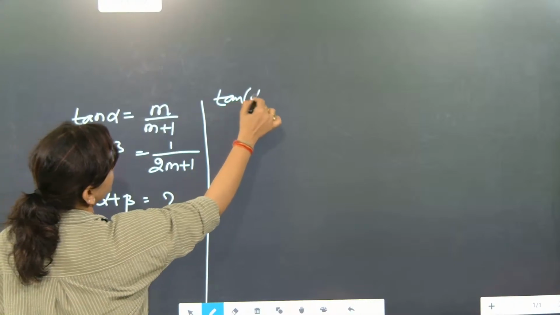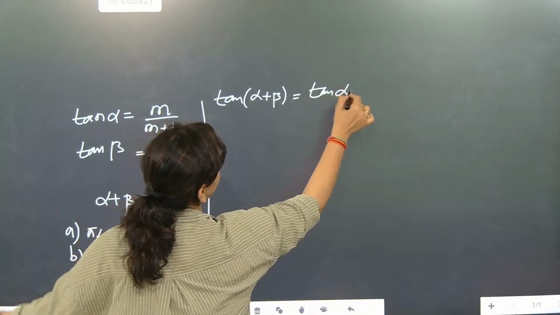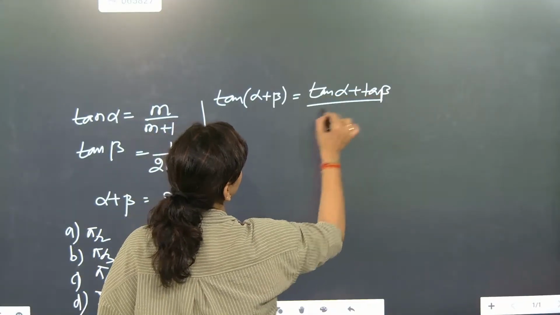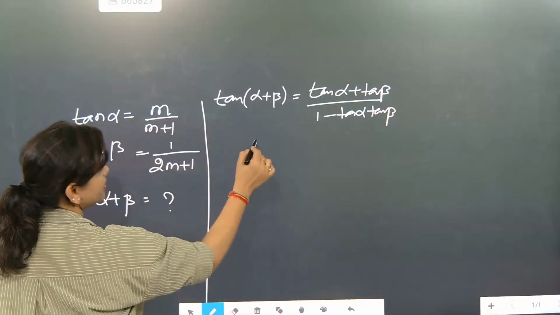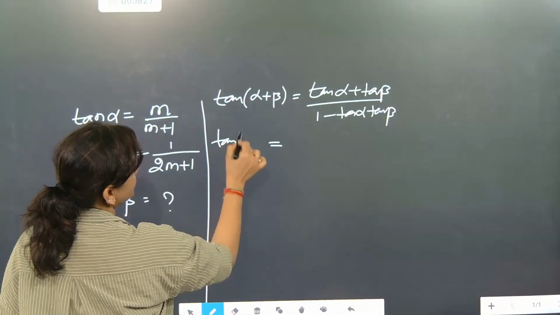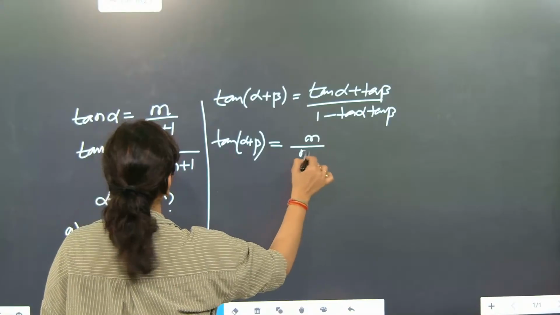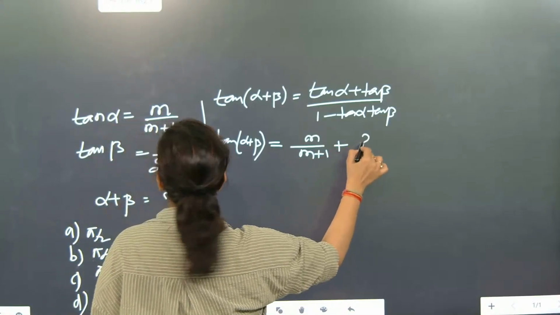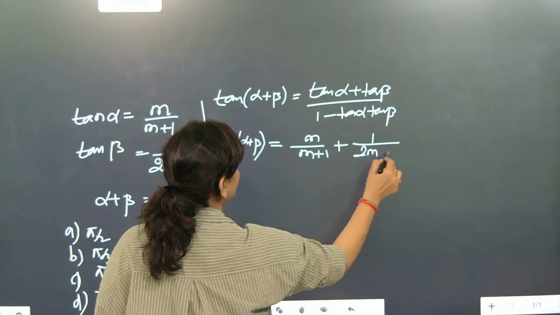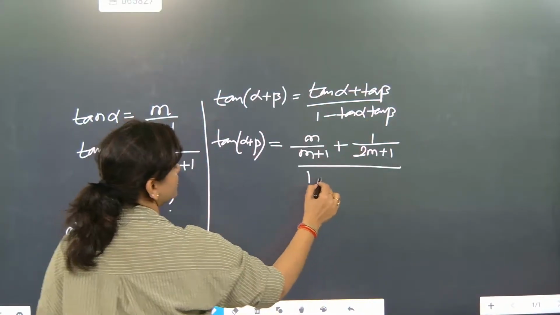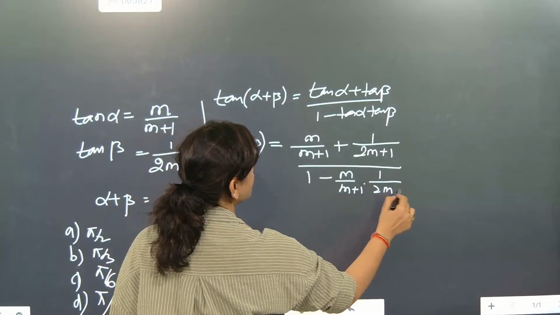We will write tan of alpha plus beta is equal to, formula wise, tan alpha plus tan beta by 1 minus tan alpha into tan beta. Questions like these are coming very often in examinations, specifically from MCQs of trigonometry. So this part will come m by m plus 1 plus 1 by 2m plus 1, by 1 minus m by m plus 1 into 1 by 2m plus 1.